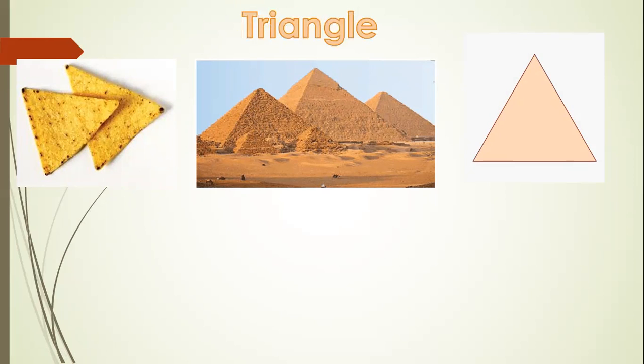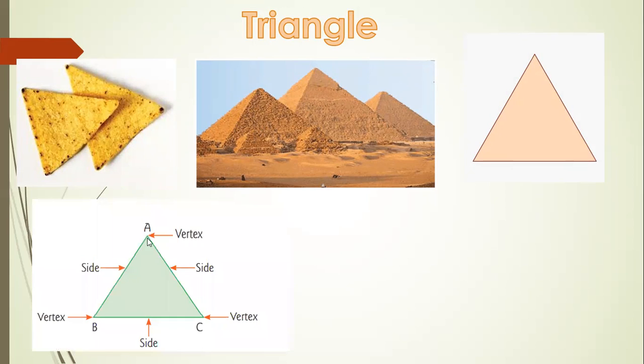Now let's learn about the parts of a triangle. So we have seen that when two sides are meeting at a point, that point is called a vertex. So here side BA and side AC are meeting at point A. Side AC and side CB are meeting at point C, and CB and BA are meeting at point B. So point A, point C and point B are vertices.